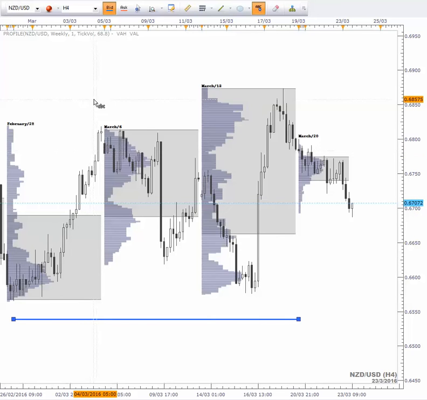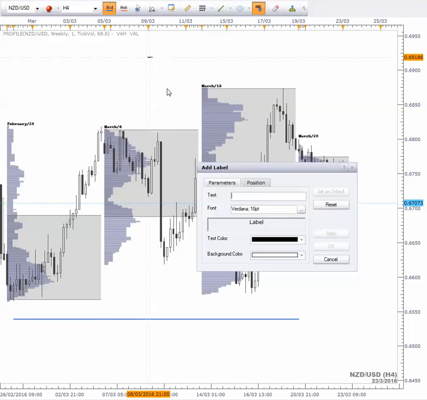So as always, I'm looking to buy low, sell high.